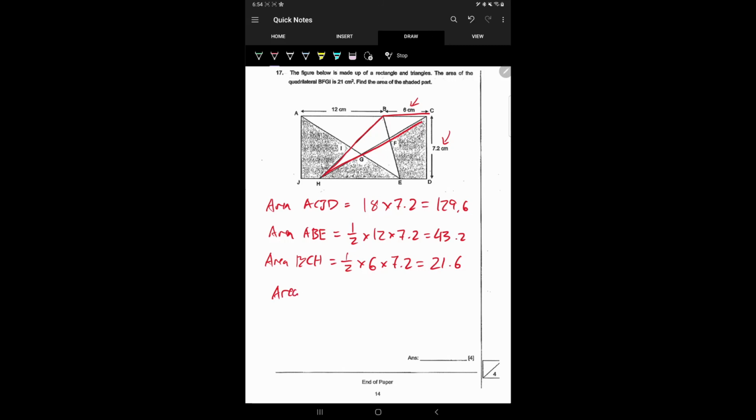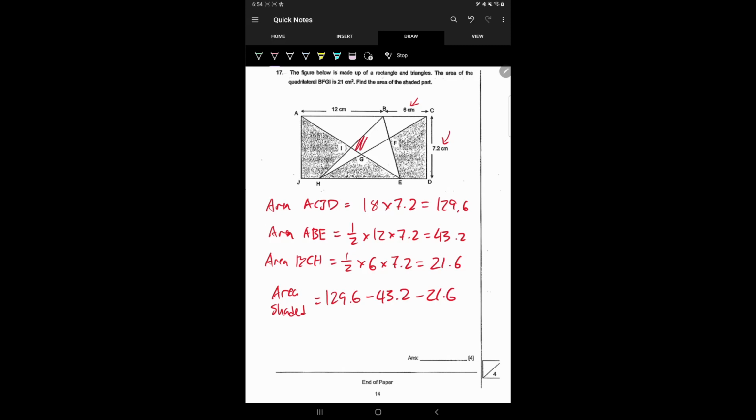So the area of the shaded portion is basically the area of the rectangle minus the first triangle that you computed and the second triangle that you computed. So that is equivalent to 129.6 minus 43.2 minus 21.6.